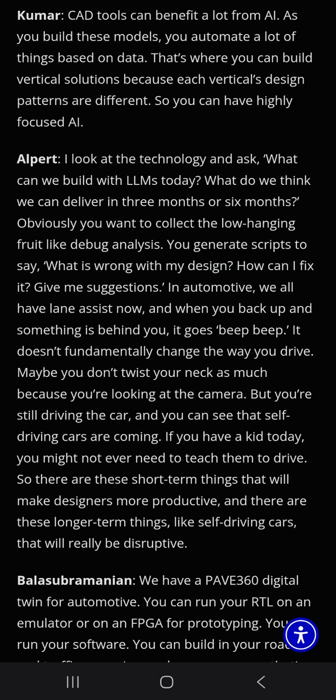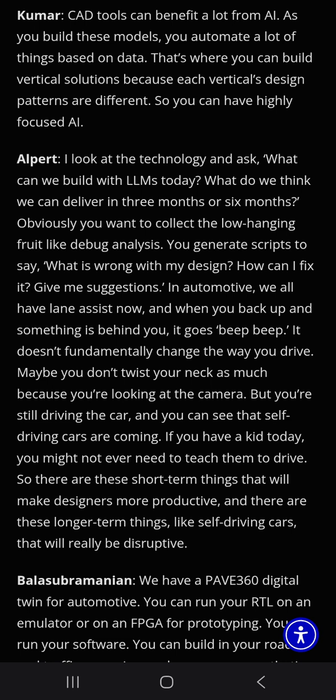Give it a suggestion. McClellan: In automotive, we all have lane assist now, and when you back up and something is behind you, it goes beep, beep. It does fundamentally change the way you drive. Maybe you don't twist your neck as much because you're looking at the camera, but you're still driving the car.